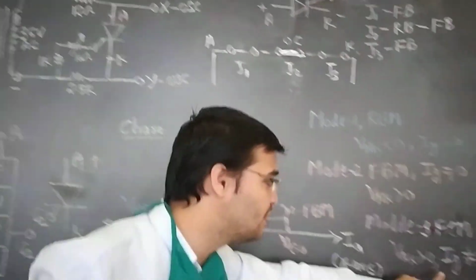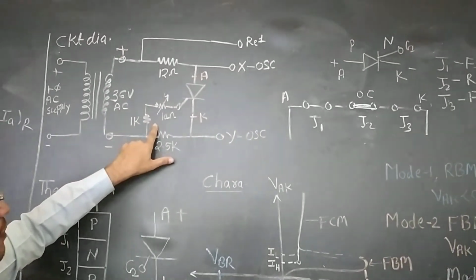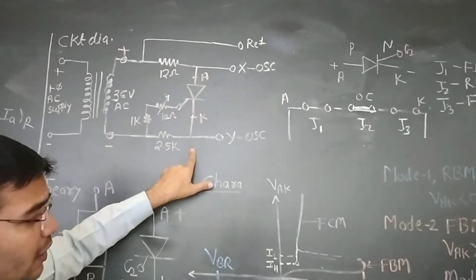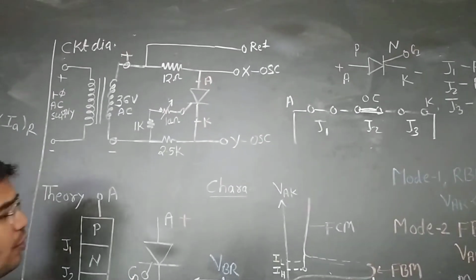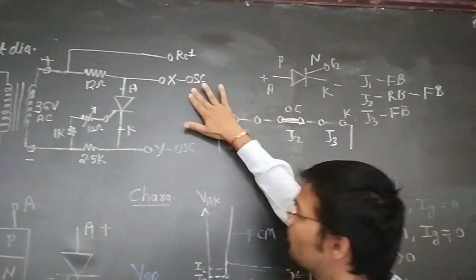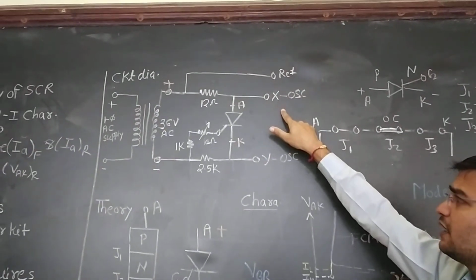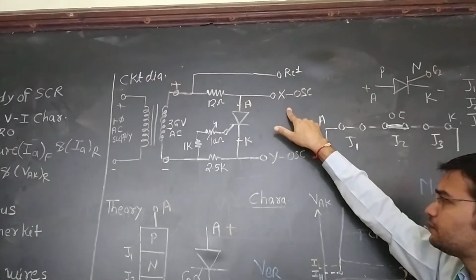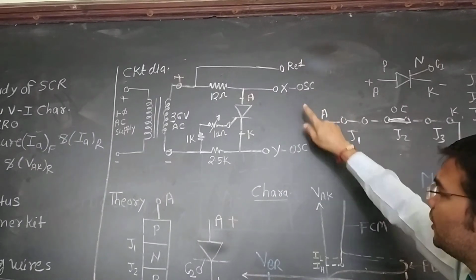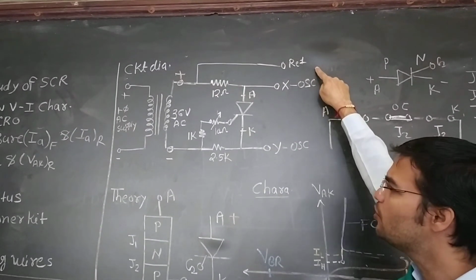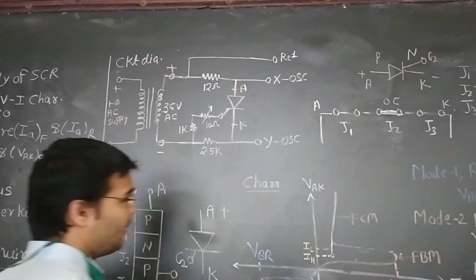With triggering levels G1, G2, G3, the gate current changes. When the gate current changes, the anode to cathode current changes, and correspondingly the voltage changes, right? To observe these characteristics, an x-axis and a y-axis are mentioned here. The x-axis is connected to oscilloscope (CRO) channel 1 and the y-axis to channel 2, and the reference point of the oscilloscope probe is connected here. Later we will see how to perform this practical.